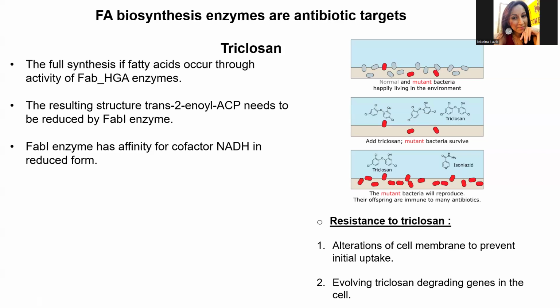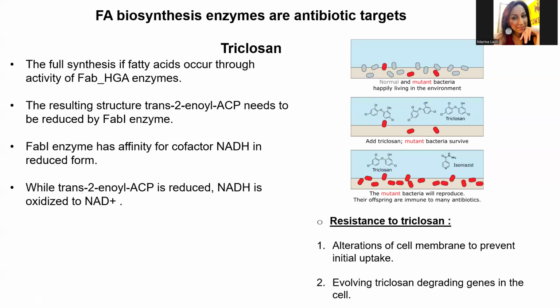Why NADH? Because NADH has to be oxidized to NAD because we want trans-enoyl to be reduced. It's like oxidoreduction. So this is what will happen in a normal structure.